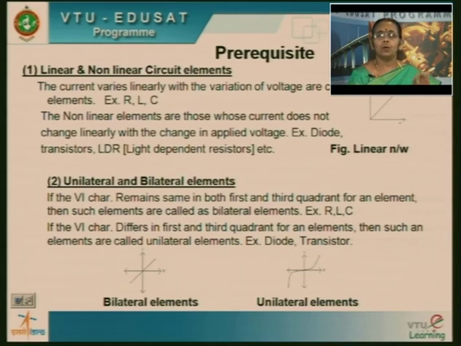If the voltage current characteristics differ in first and third quadrant for an element, then such elements are called unilateral elements. Examples are diode and transistor. As I have told, for the forward bias mode, the behavior of diode and transistors are different, and for the reverse bias mode, the behavior of these elements are different.